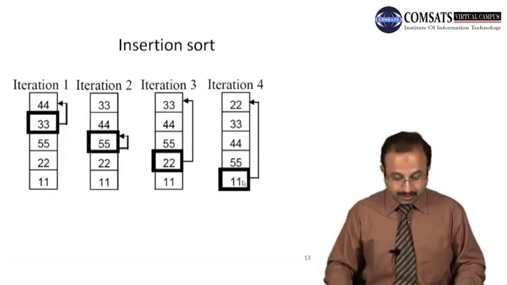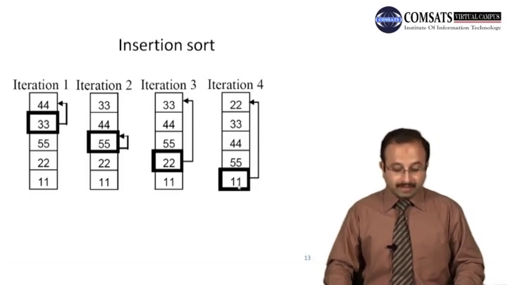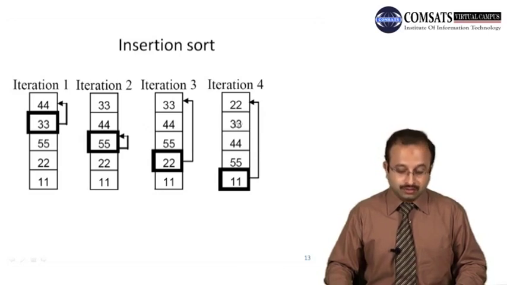Now you compare 11, the last index element, 4th index, with the 0th index. So 11 is smaller, it goes up, 22 goes down. Okay? And then you start comparing this value, whatever value is here, that is 22, with 33. 33 is larger, so 33 goes down, 22 goes up.